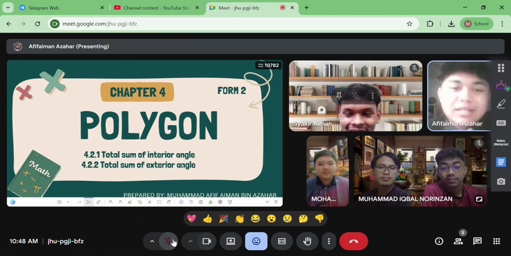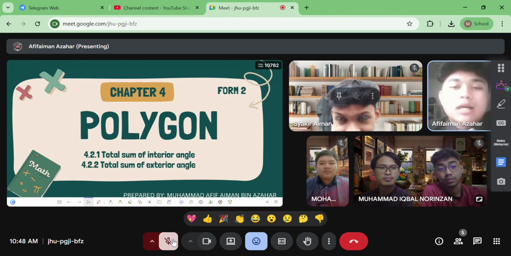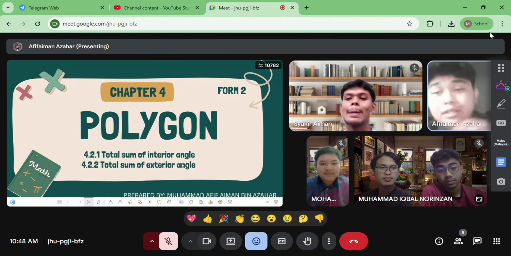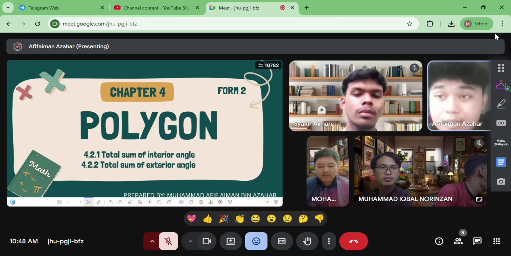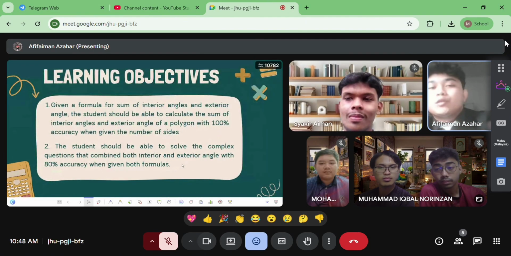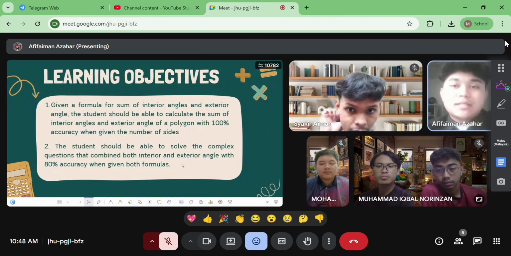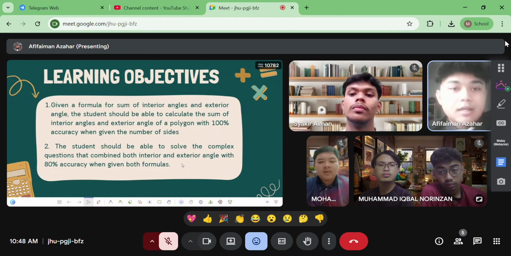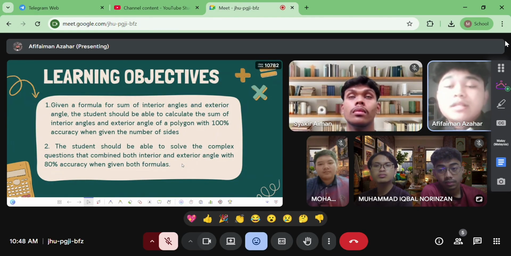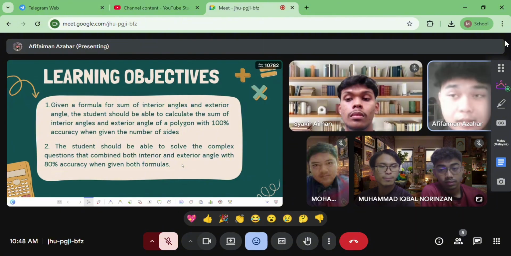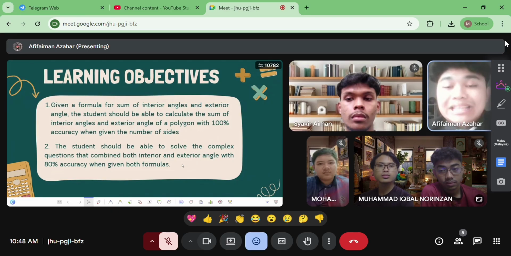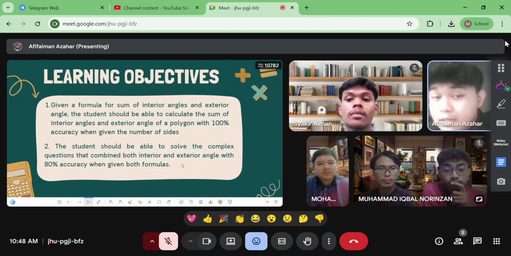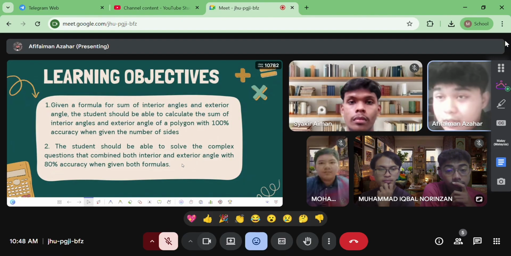For today's lesson, you will learn how to calculate the total sum of interior angles and the total sum of exterior angles. The first learning objective: given the formulas for the sum of interior and exterior angles, the student should be able to calculate the sum of interior and exterior angles of a polygon with 100% accuracy when given the number of sides.